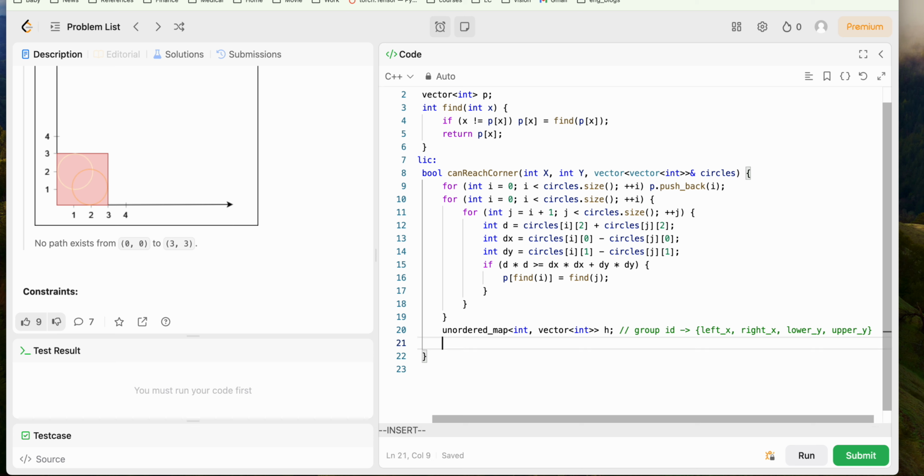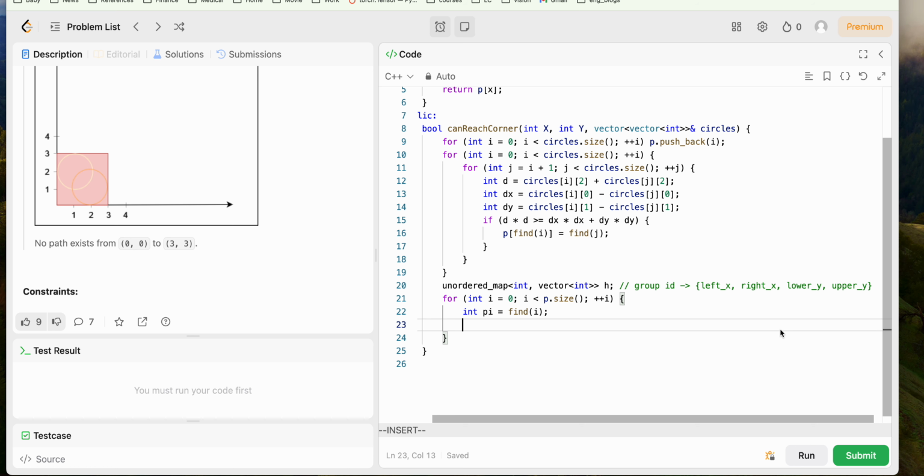Okay, then we need to calculate those numbers. So we loop over all the group IDs in p. Then first we find the parent of i. Okay, then we can do some calculation.